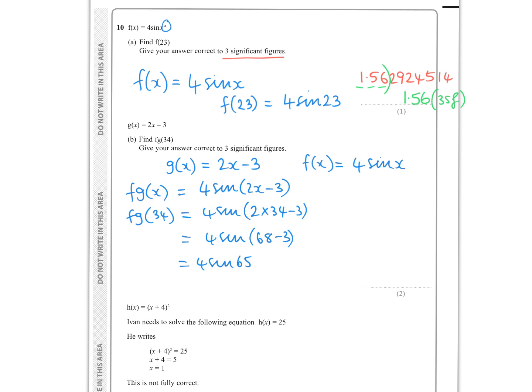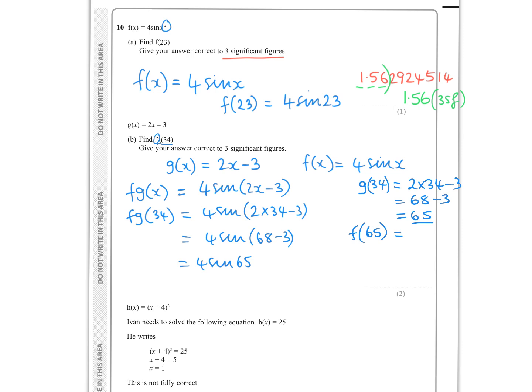Or you can work out g of 34 first, which is 2 times 34 minus 3, which is 68 minus 3, which is 65. And then do f takes on 65. Because what we've done here is we've already worked out what g of 34 actually is, this part, and that is 65. So all we've got left is f taking on that value.